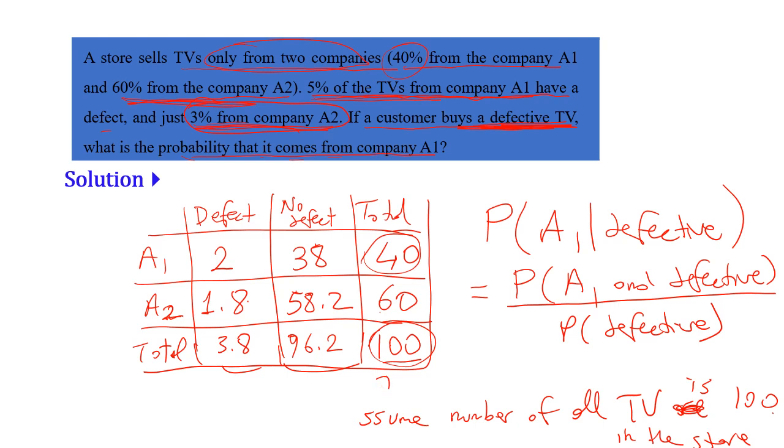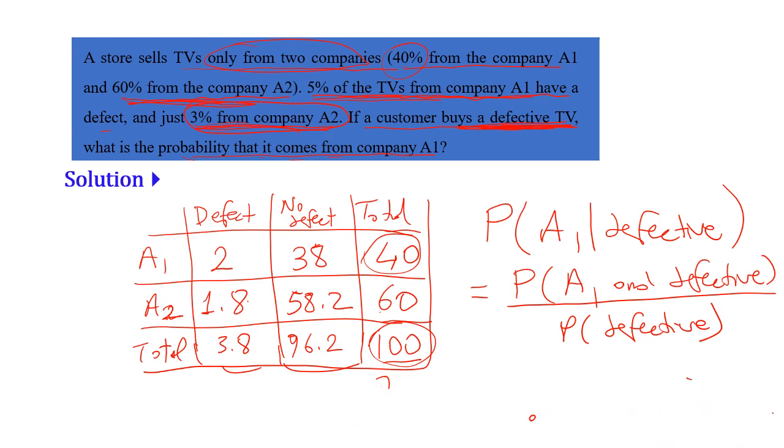Now let's answer these from the table. What's the probability of A1 and defective? A1 and defective is 2 over 100, divided by the probability of being defective. The total defective is 3.8, so it will be 3.8 divided by 100.